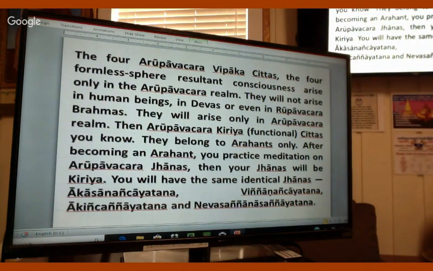So that arahant needs to train their mind with samatha meditation to get the Formless-sphere jhana. So we need to understand like this. Okay, so I think we finish Formless-sphere consciousness.